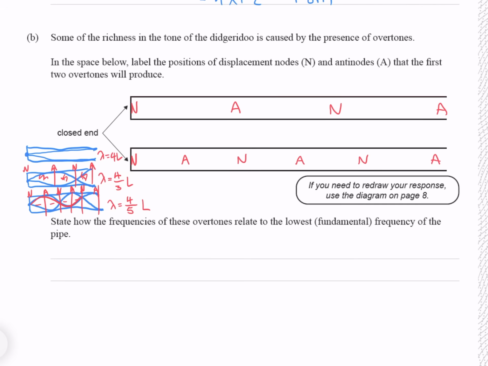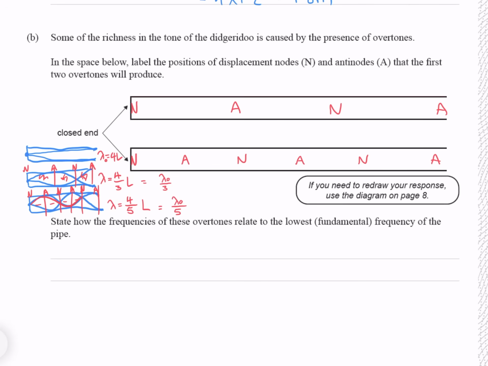So now if we call this lambda here our fundamental lambda naught, our first overtone is 4L over 3, so it is lambda naught over 3. And our second overtone is 4L over 5, so it's lambda naught over 5.